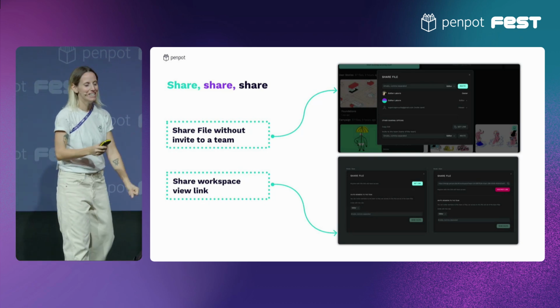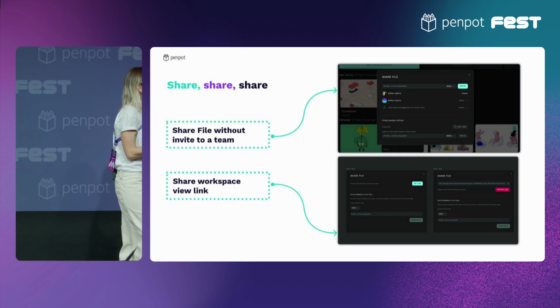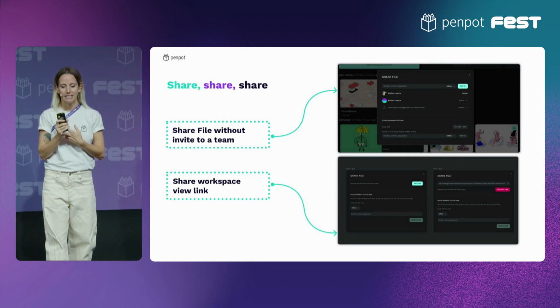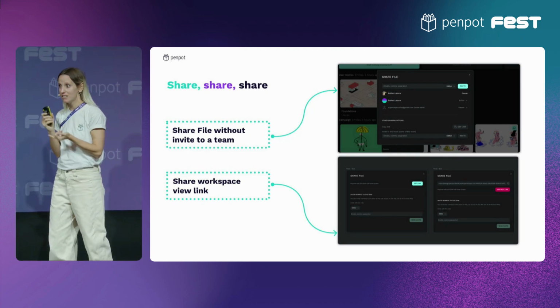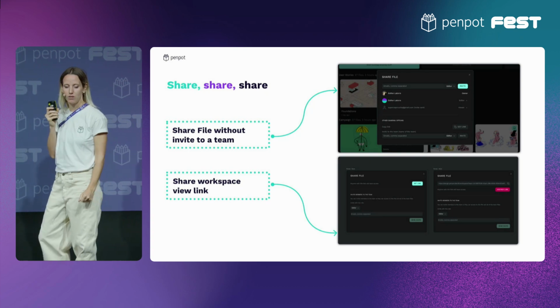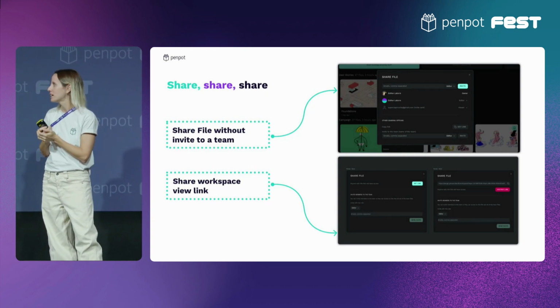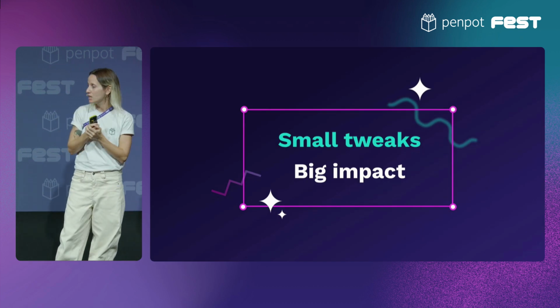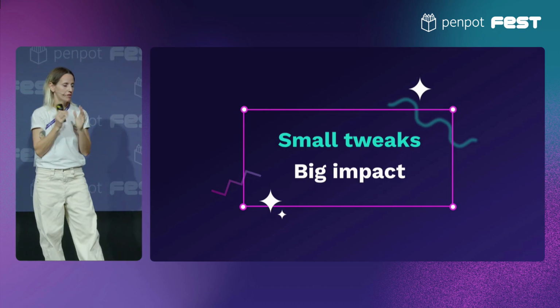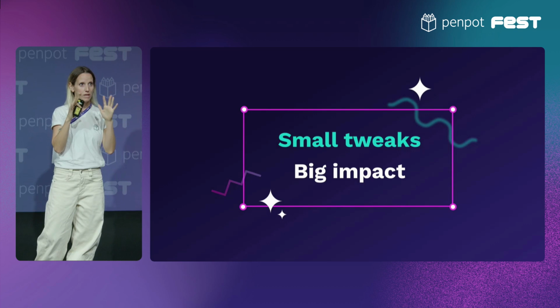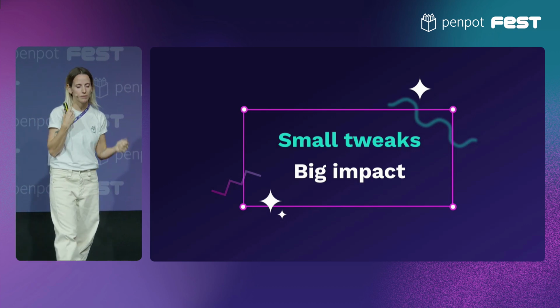Hooray! So no login, no setup, no friction, and it's lightweight, practical, and perfectly fits our goal of making collaboration effortless. So both of these are perfect examples of what quality of life means for us.